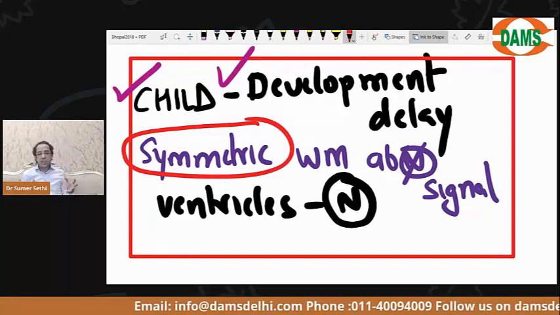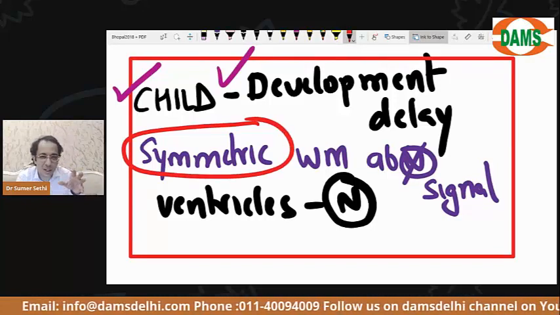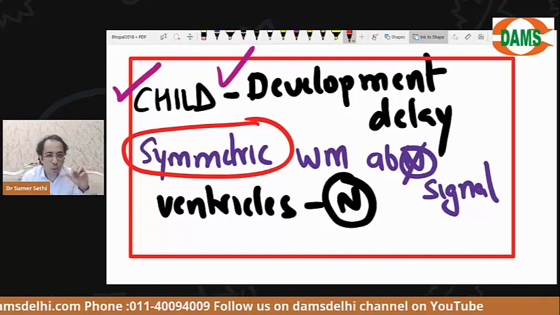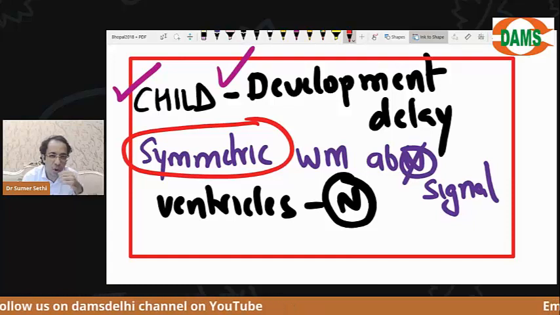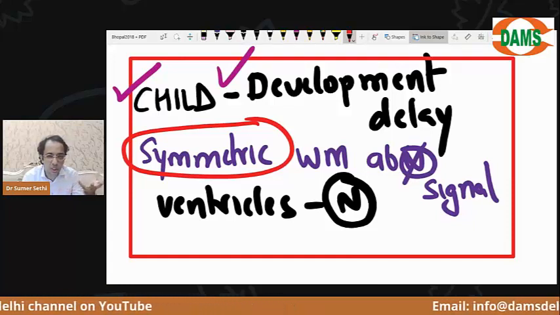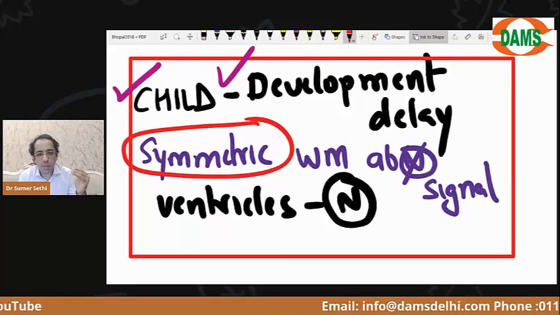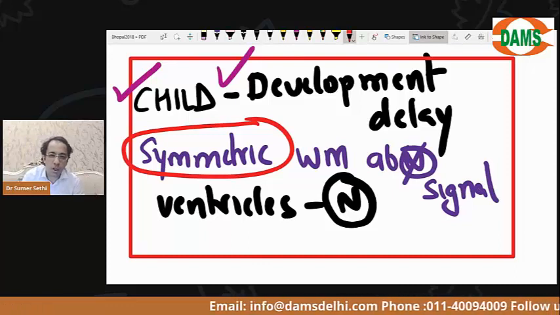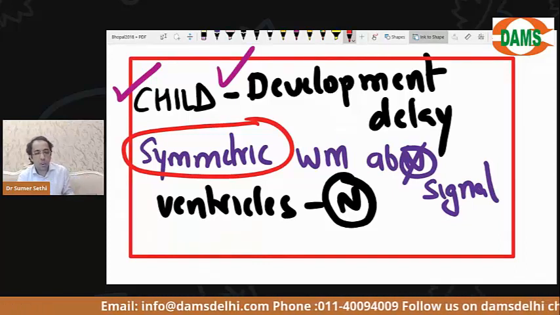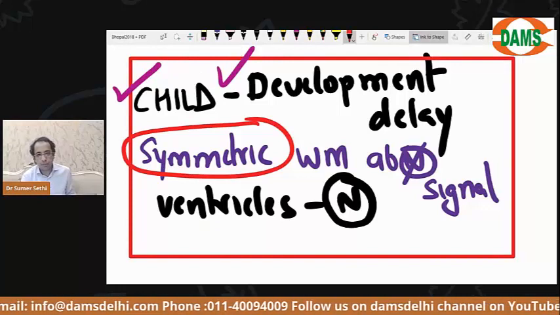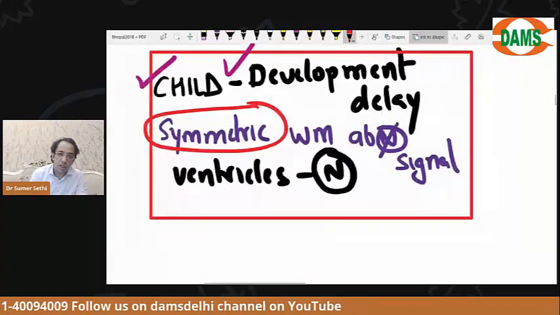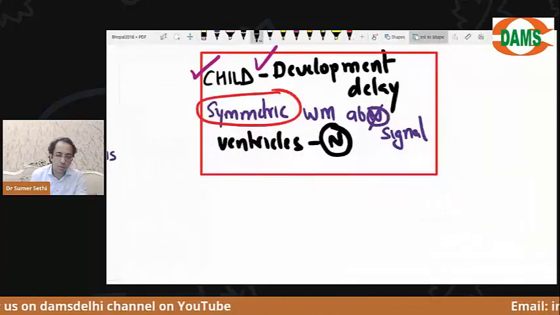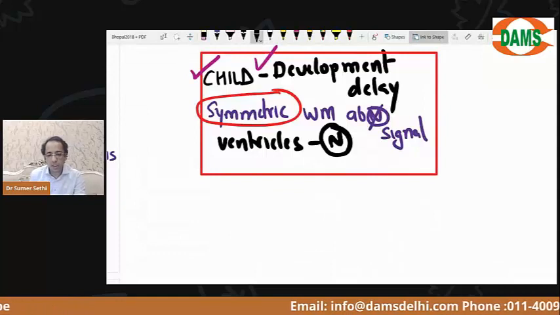As soon as I see symmetry, I start thinking, is it something more systemic? Is it a genetic disorder? Is it an inborn error of metabolism? It's all symmetric, not asymmetric. Multiple sclerosis and PML were asymmetric. Here we are looking at a symmetric problem in the white matter. So this is where we think of inborn errors of metabolism or genetic defects which have a problem in myelination.